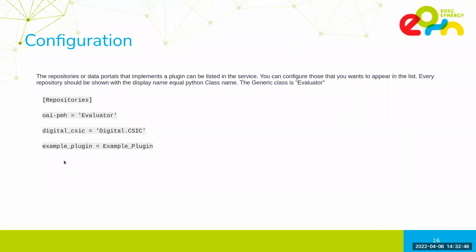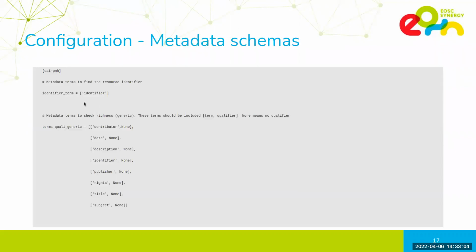However, if you want to support more data services, more repositories, you can include the information of the repositories to work with your deployment here in the repositories section in the config.ini file. Then what you can do is to customize any of the plugins that you have activated. In this case, you can define different, for example, metadata terms to check different characteristics of your digital object.